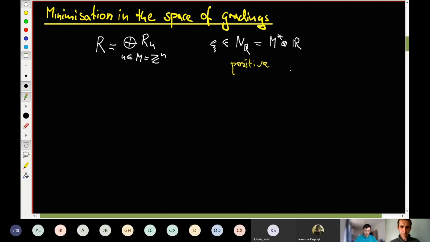In this setting, positive here just means that I want the pairing of psi with the weight u to be indeed positive whenever this is at least possible, so u is not 0, and the corresponding graded component is non-trivial.